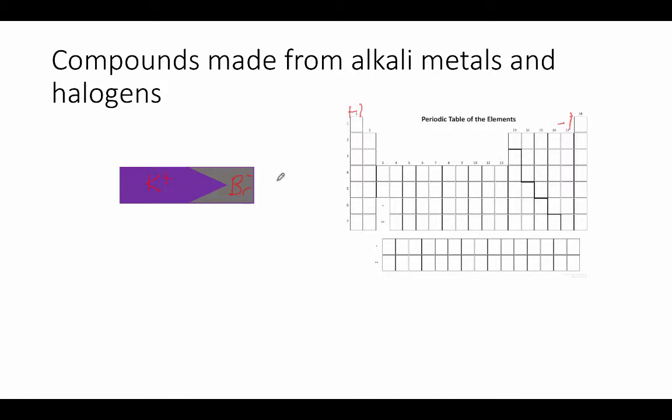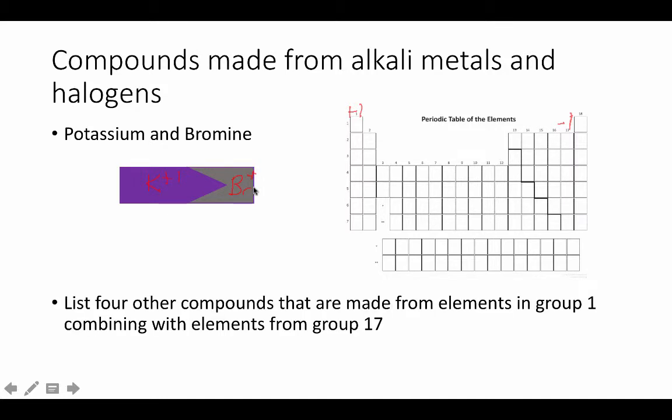Each one has a charge of +1 and -1. And that forms KBr. So between potassium and bromine, this is going to equal KBr, and you'll notice that you have 1 and 1 of them.